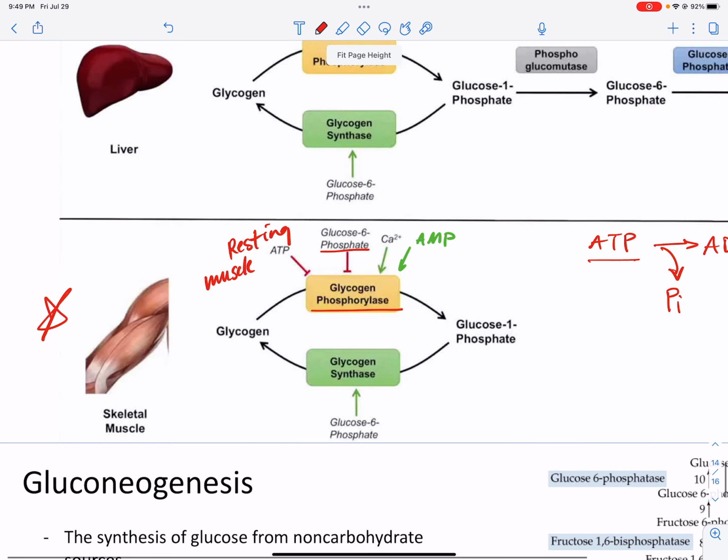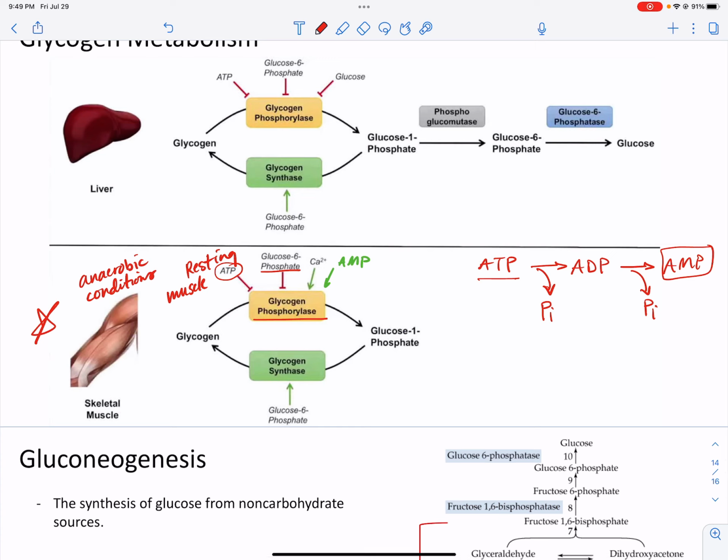Now remember, your muscle is low on oxygen, so we get most of our ATP from anaerobic conditions. Most of our ATP is produced directly from glycolysis under anaerobic conditions.